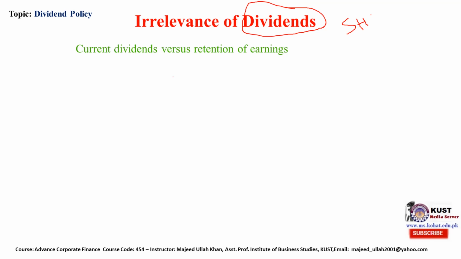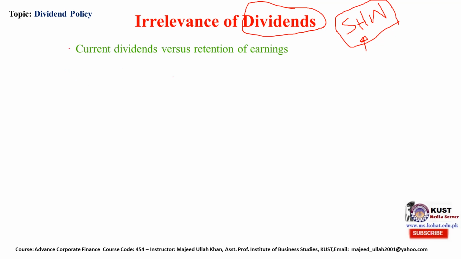If payment of dividend increases or decreases the wealth of shareholders, we say it has relevancy in value maximization. If any decision, either a capital structure decision or dividend policy, has no effect on shareholder value or wealth, then we call it irrelevance. So we will discuss it.